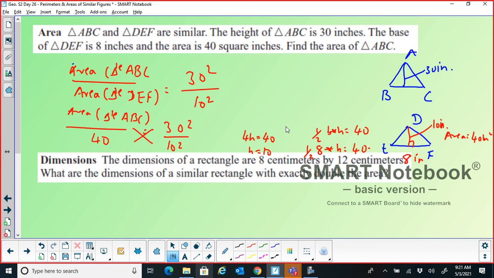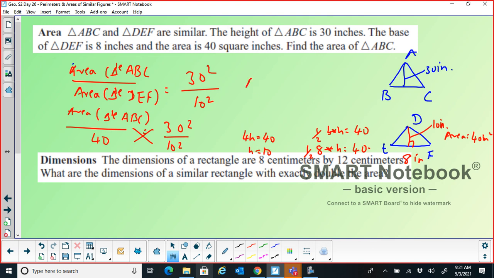So you'll get area of triangle ABC as 900 times 40 divided by 100, because 30 squared is 900.